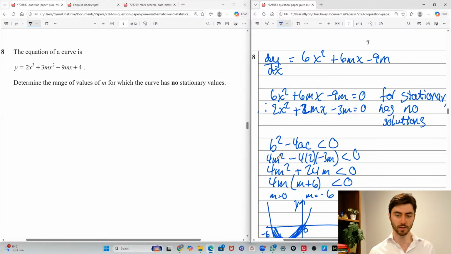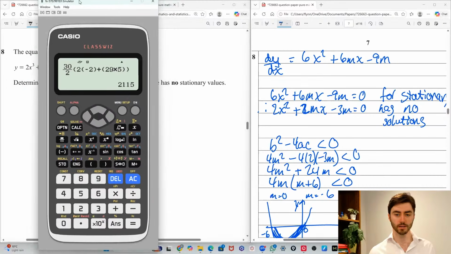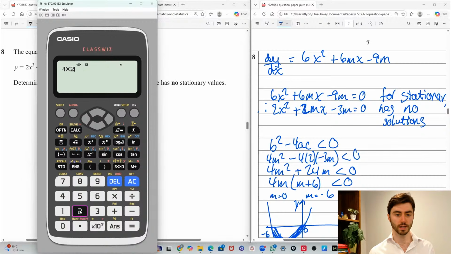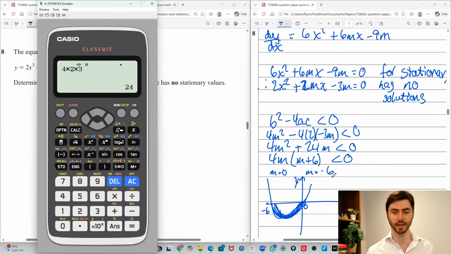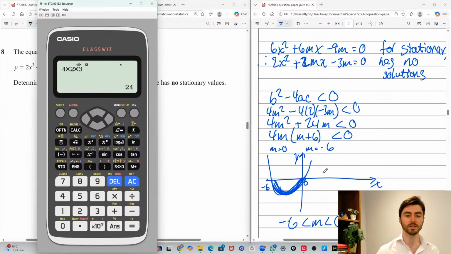So b squared minus 4 times a times c, where it is plus. Yeah. I just think this is right. I'm not sure, like, what I would have to do is to select a value in between, plug it in, and confirm it has no solutions. Which I think, I wonder.